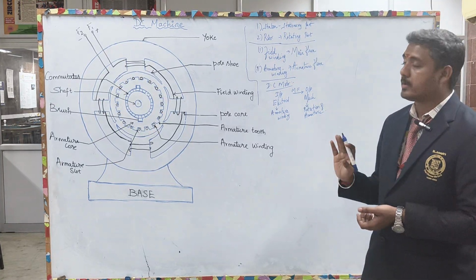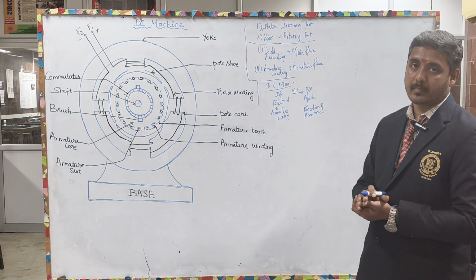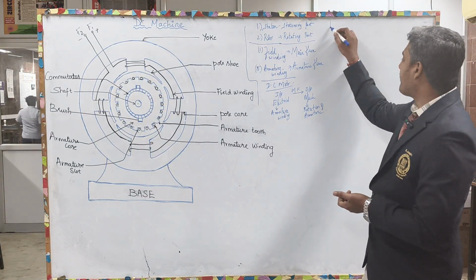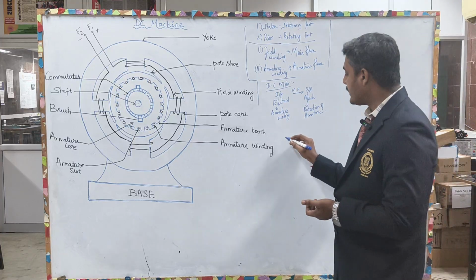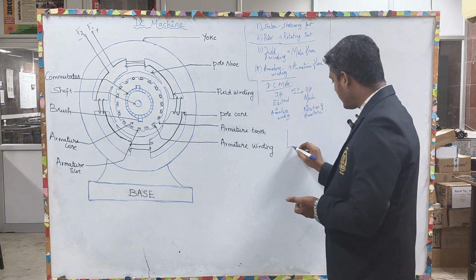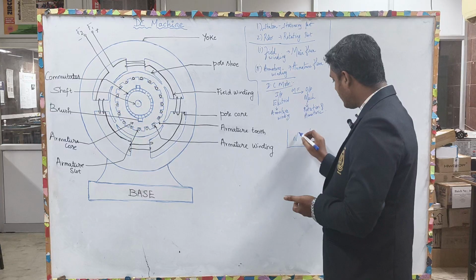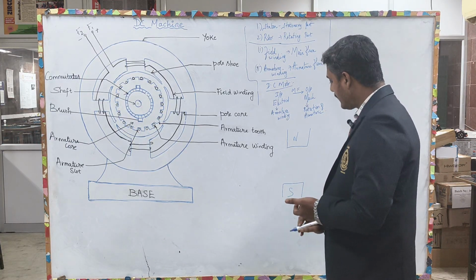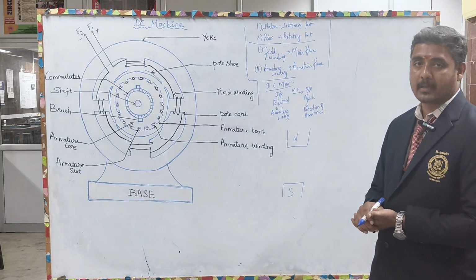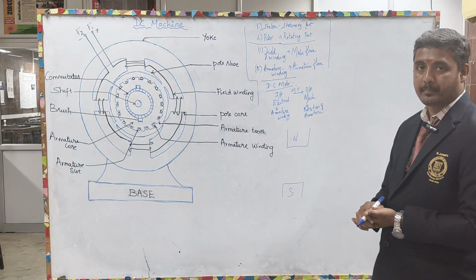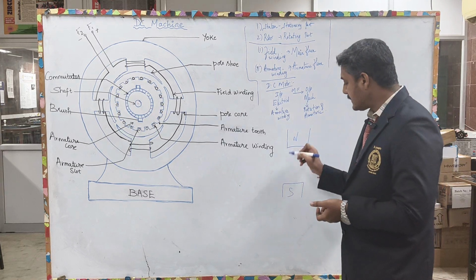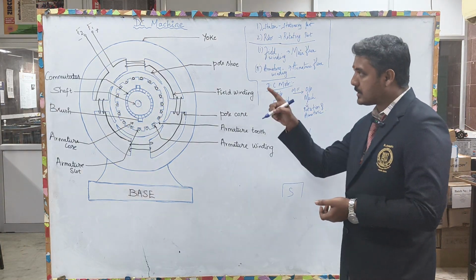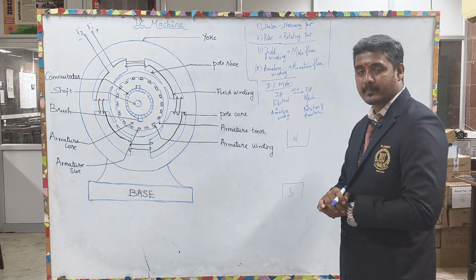How is this rotation going to happen? You are going to consider two permanent magnets which have a north pole and south pole, okay, and this north pole and south pole is nothing but a field winding.